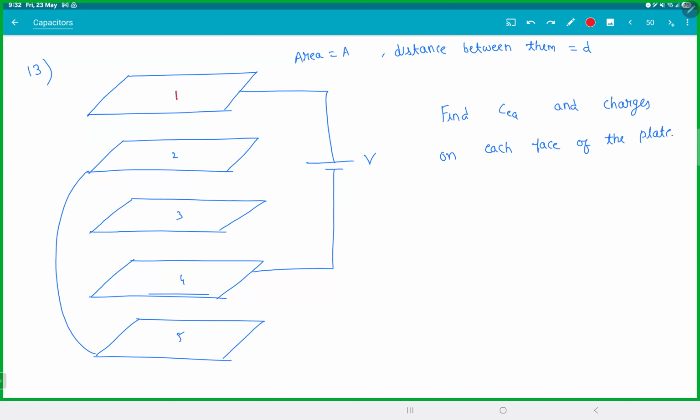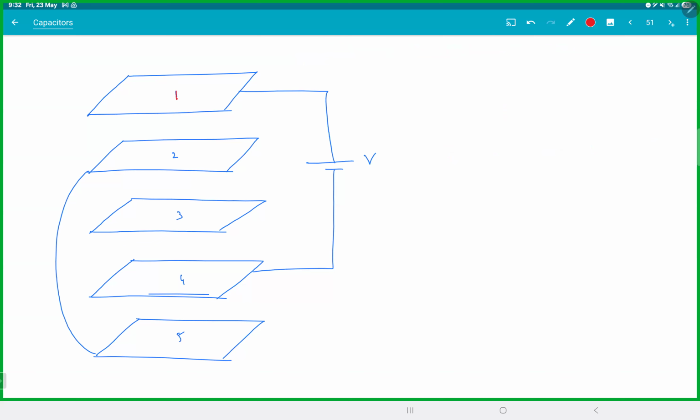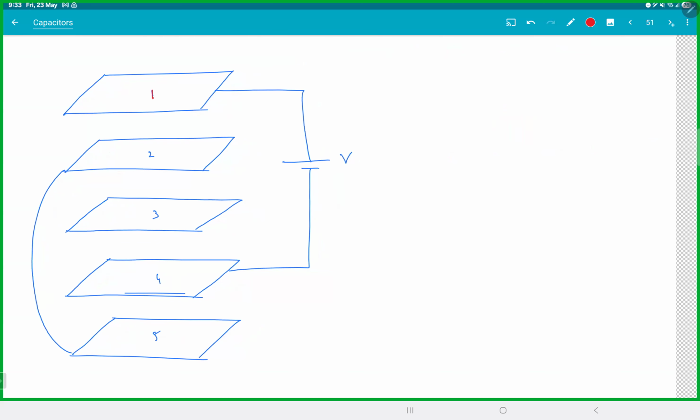Let's see. So when you're finding C equivalent only, you have to draw it carefully, then you will see the thing.